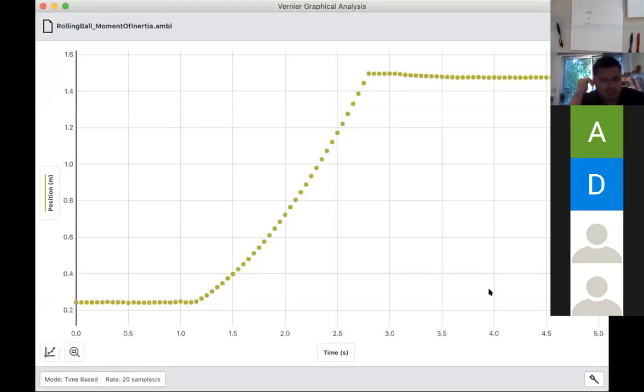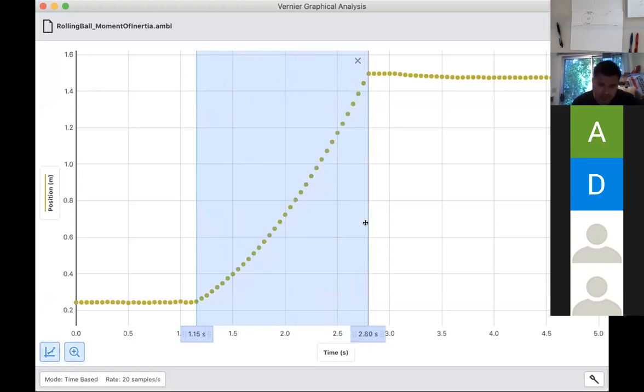All right, so here's the graphical analysis file. So this measured the distance from the top of the ramp that the ball was as a function of time. Okay. And it looks like a parabola, right?